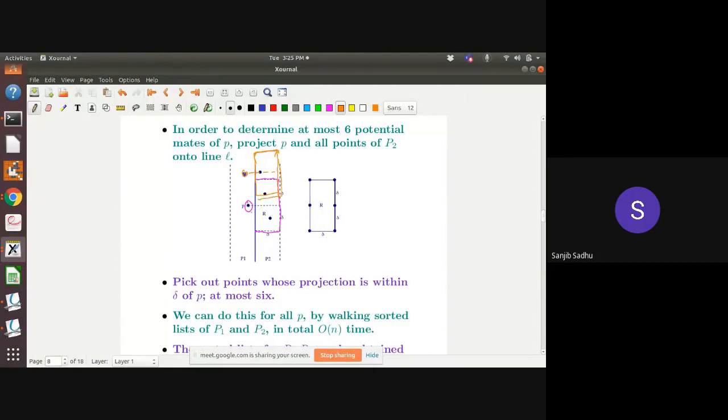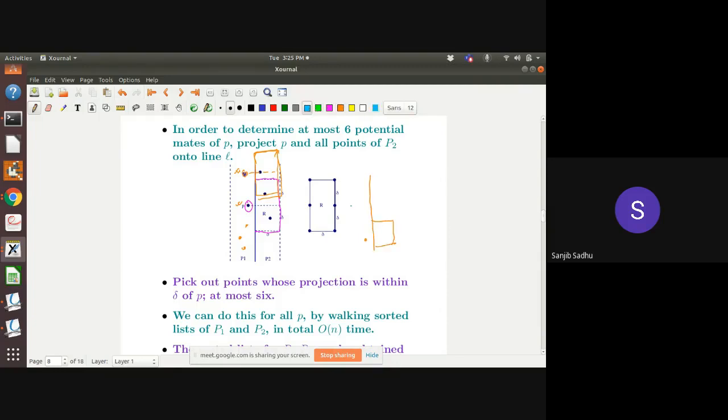So when I am going from this point to this point, the right side rectangular window also shifts upwards. That means I will start from the bottom of the P1 zone, and if I have the points sorted in increasing order, then I am here in this case, and I have a window like this.